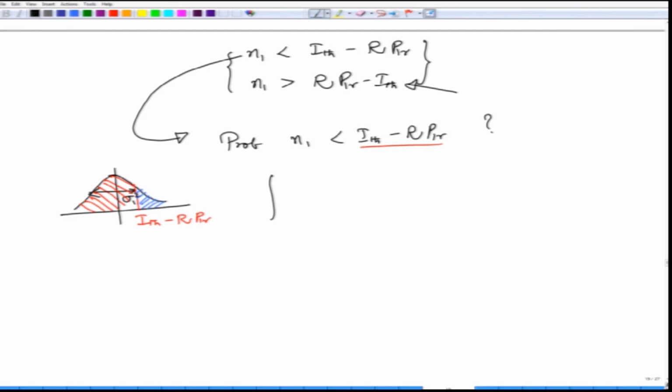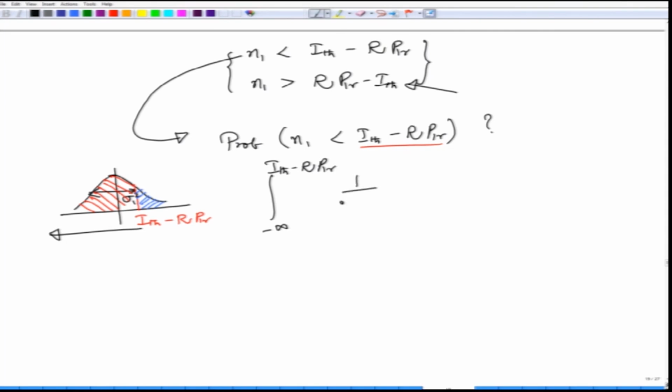If you want to find the probability of this event itself, that is when the noise is less than this one, well, you can do that, but this time you have to integrate from minus infinity all the way to I_TH minus R P1R. So, integrate from minus infinity to I_TH minus R P1R.